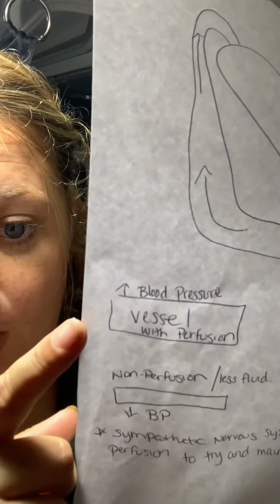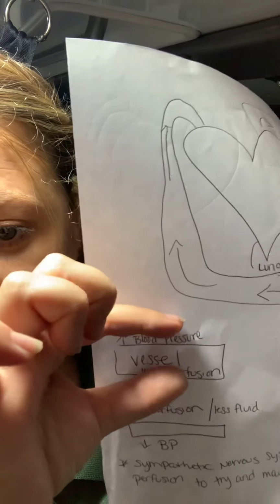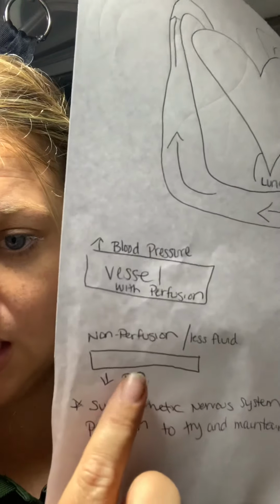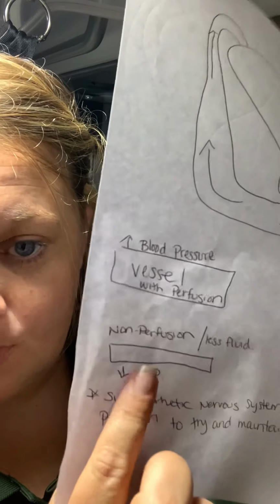Normally, you know, it's about like this, but if you have low volume, it's going to have a decreased size, because think of it like a water hose. If you have the water going full blast, it's just flowing out and it's at its normal thing.